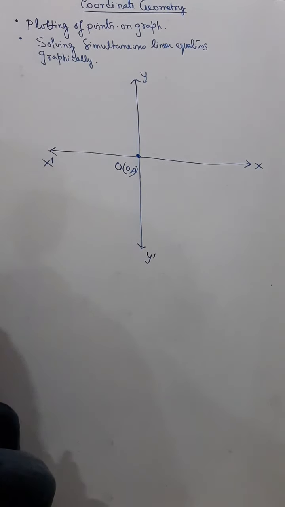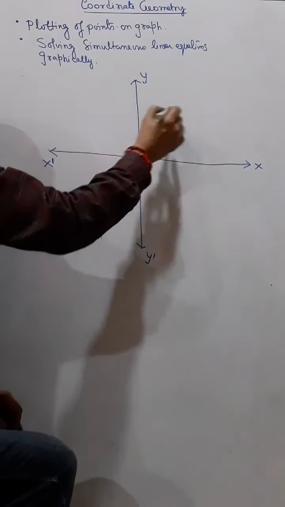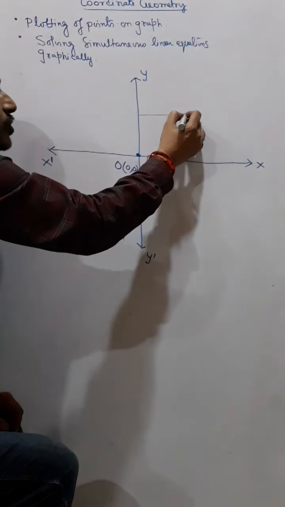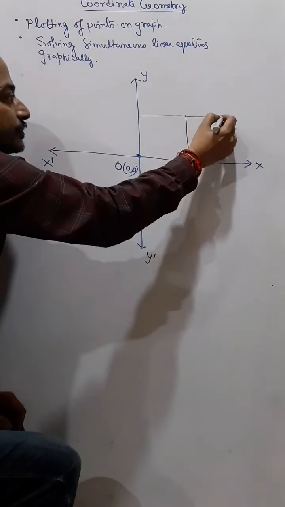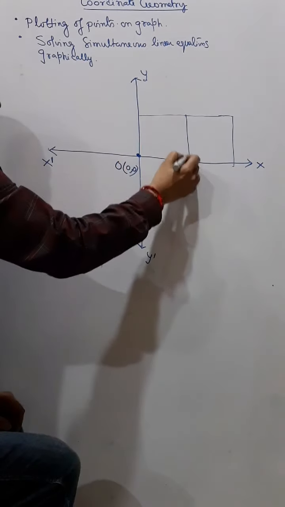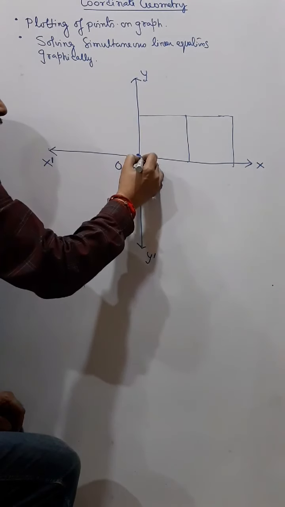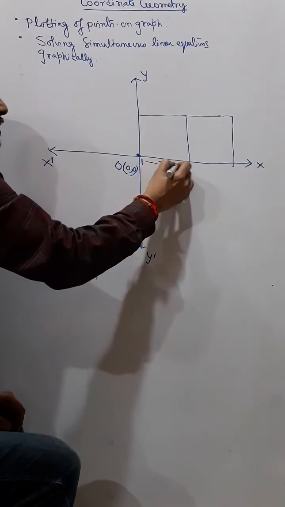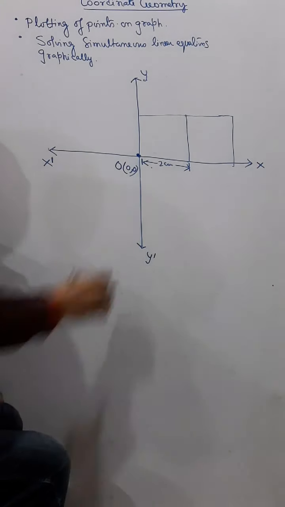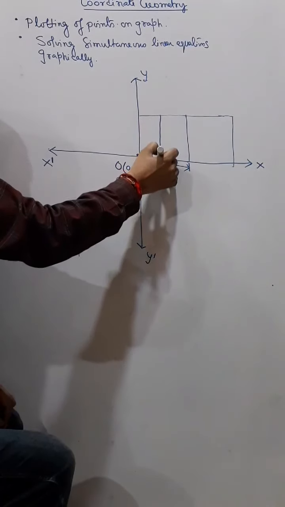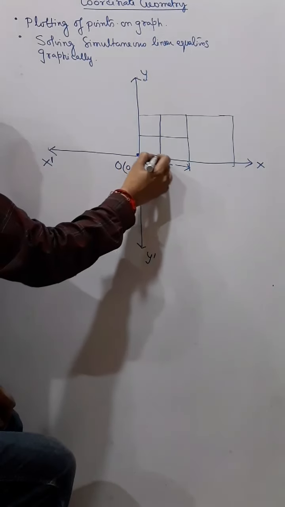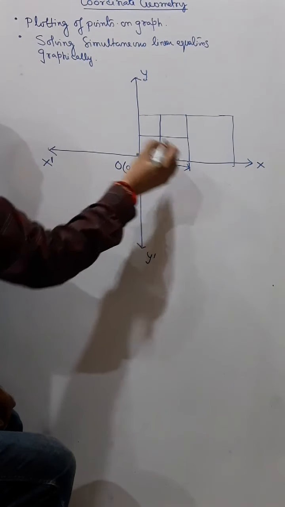Okay. Now if you have seen your graph paper, you can see that there are these boxes. This big box that you have is generally 2 centimeter length. 2 centimeter graph we say, and between this big box you will see again this is 1 centimeter and 1 centimeter, right?